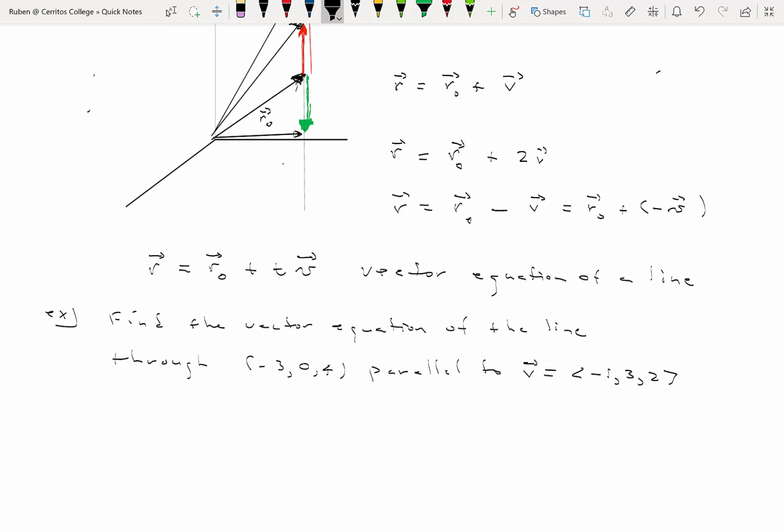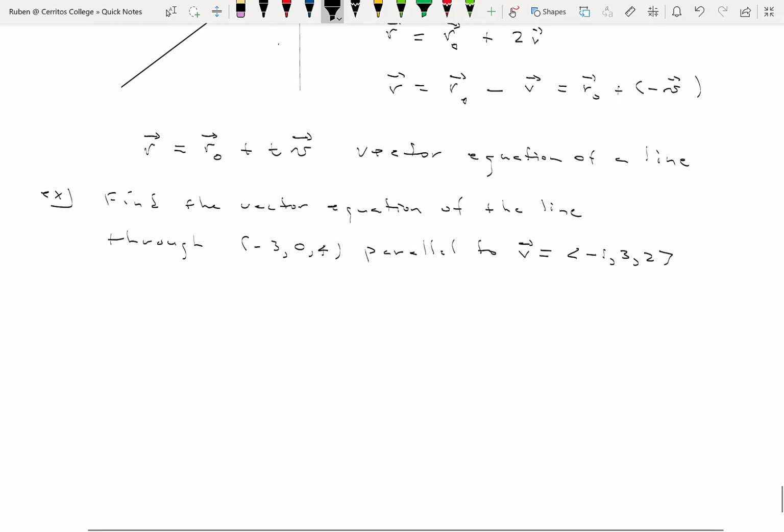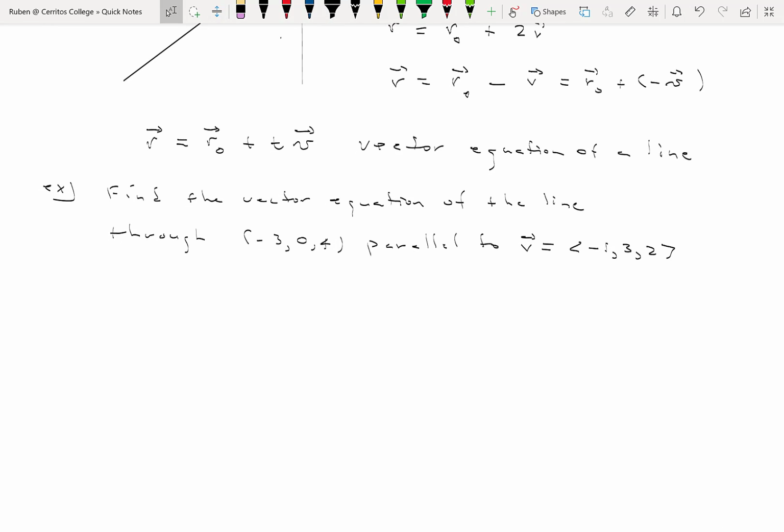Okay, so I'm given a position vector in the form of a point. So our position vector is r naught equals -3, 0, 4 now as a vector.